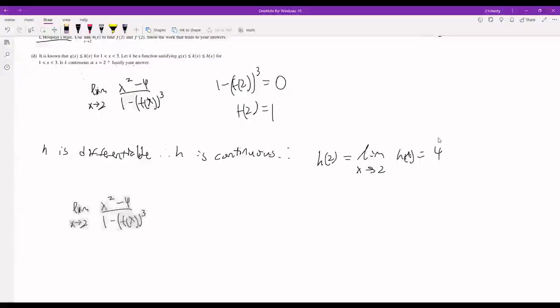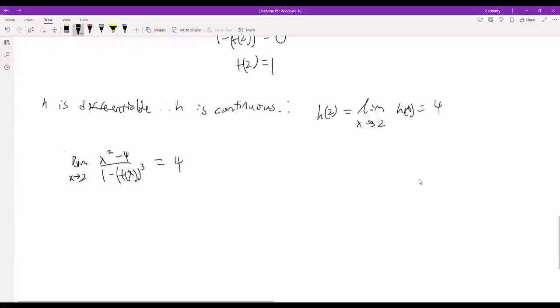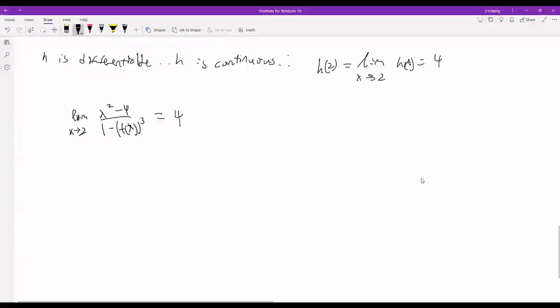Boom. Fancy. So now this equals 4, which means that, oh yeah, we have to do L'Hopital's rule.